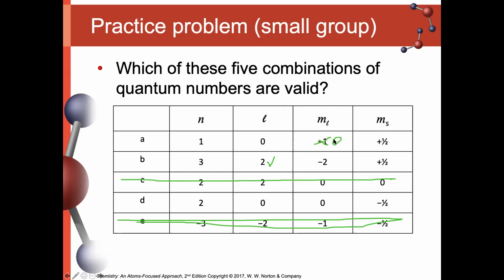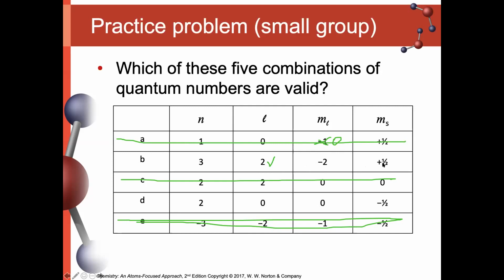This has to be 0 if it's going to work. So that one goes away as well. But can we have a -2 if we have a +2? Yes. Can we have a 0 if L is 0? Yes. In fact, 0 is always an option for m sub L.